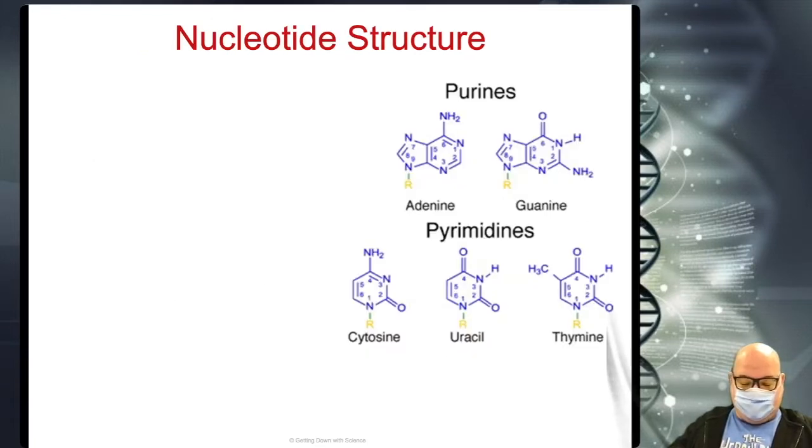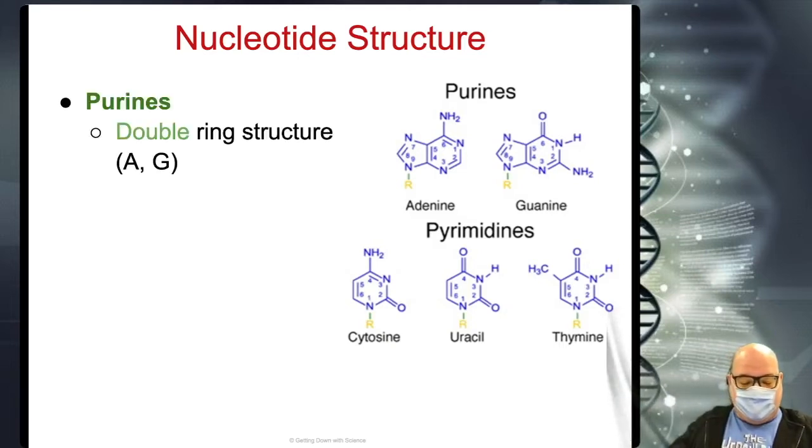All right. The individual parts of DNA, we knew their structure, okay? Some of them are double-ringed and some of them are single-ringed. The pairs have one double and one single. So the purines are the double rings, okay?